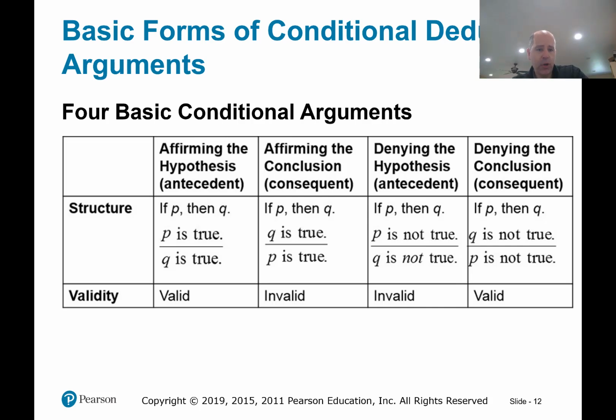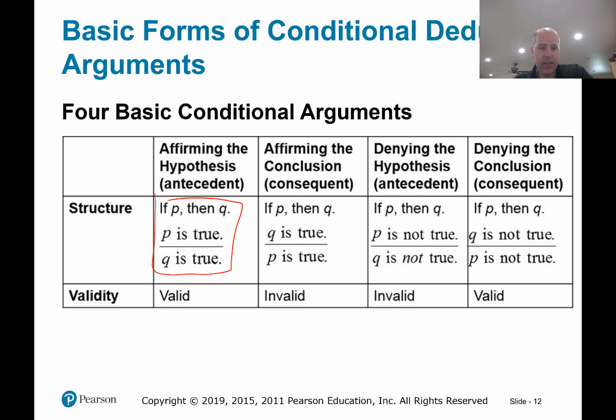Okay, so the first structure is affirming the hypothesis or the antecedent, right? So modus ponens is the Latin. So affirming the antecedent. So this is always valid. So anything that has this form is valid.